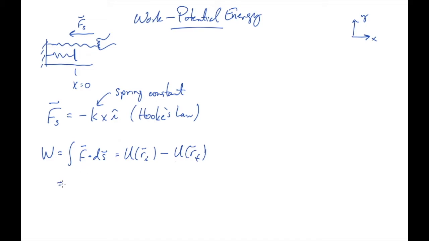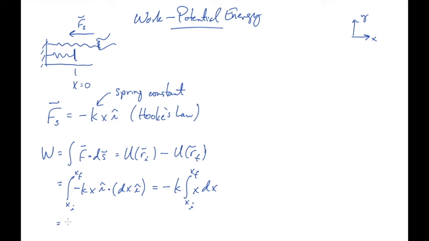We're going to be moving in one dimension here, so this ds just becomes dx. We're going to move along the x-axis only. The spring force is minus kx i hat dotted into dx i hat, and we're going to move from some initial to some final x location. The minus k can be factored out, and the i hat dot i hat just becomes 1, so we end up with minus k integral of x dx from x initial to x final.